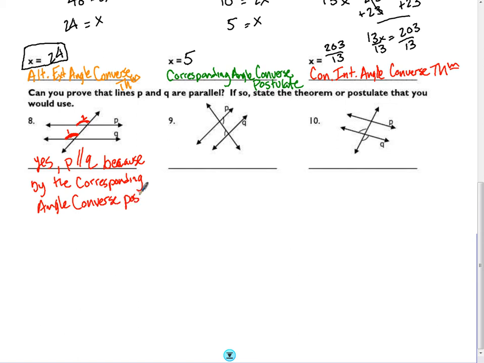Example 9, they give us two new arcs. They tell me this arc on P and this arc on Q are congruent to each other, meaning angle 1 and angle 2 are congruent.